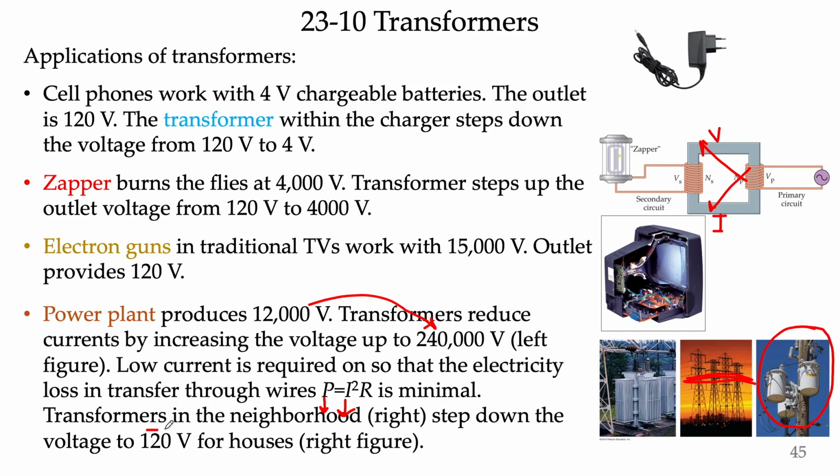This time the transformers in the neighborhood step down the voltage. Remember, the voltage was initially about 240,000 volts. Now they step it down to 120 volts in the US, or 220 volts in the rest of the world.